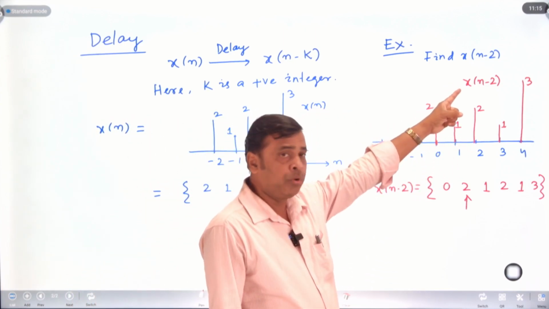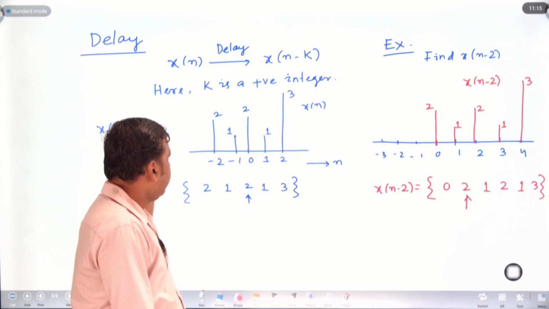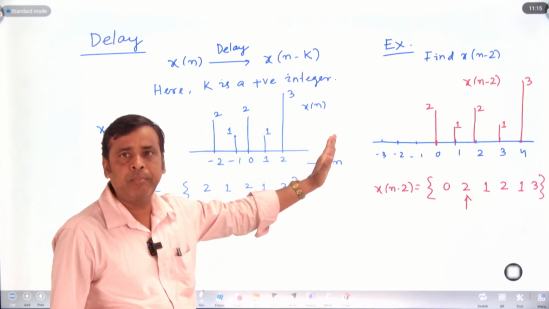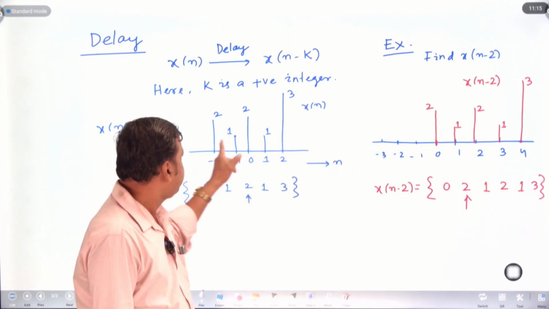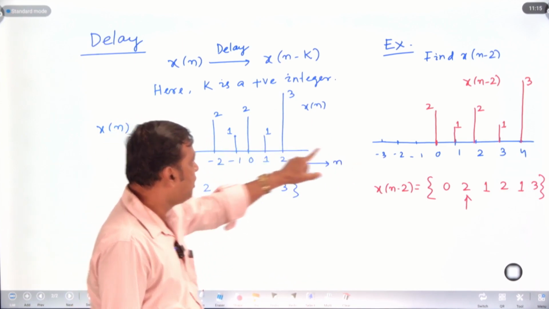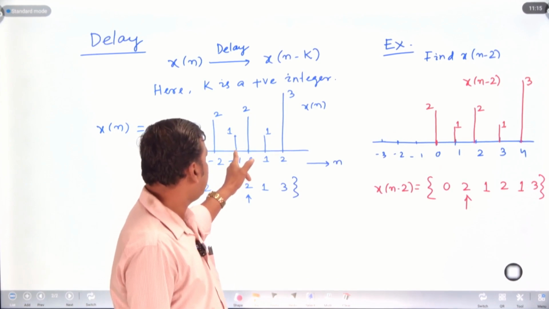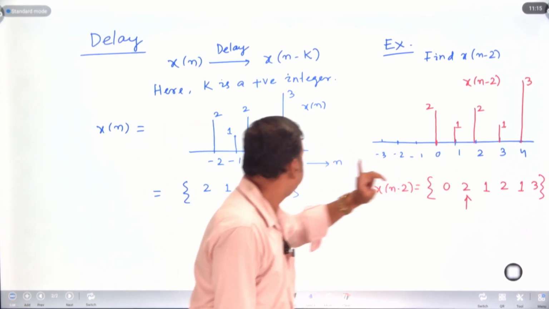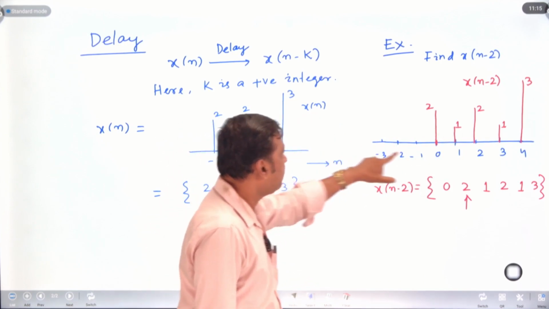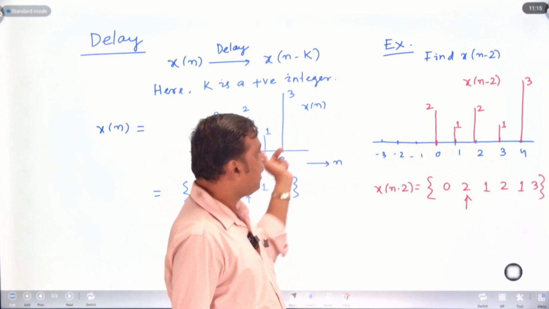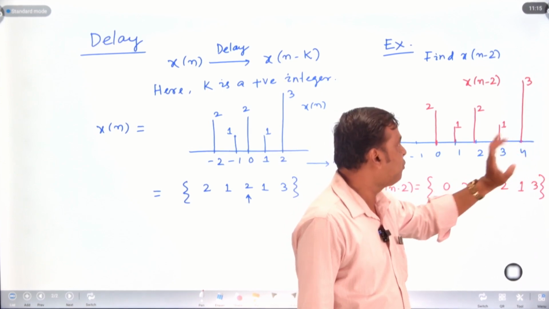If you delay by 2 units of samples, graphically each sample is shifted towards the right by 2 units. Here it appears at 0. This one, n equal to -1, appears at n equal to 1. And 0 appears at 2. And here 1 is shifted to 3. And 2 is shifted by 2 units of samples, that is your 4.